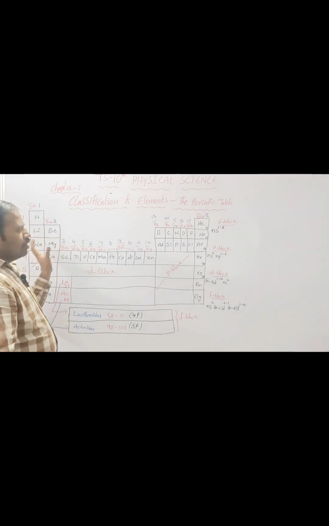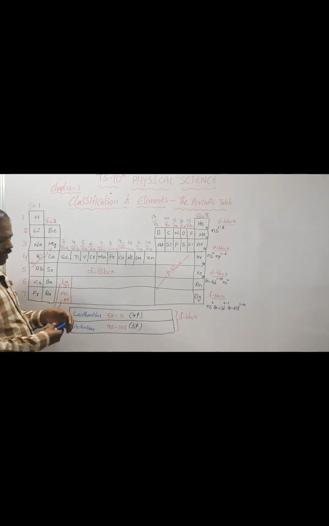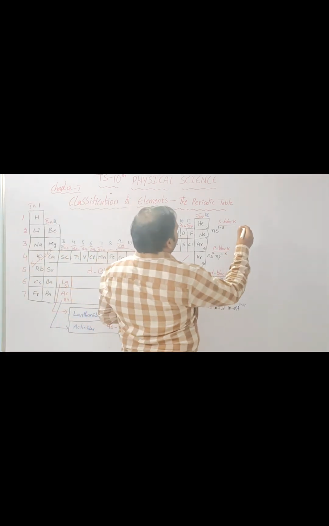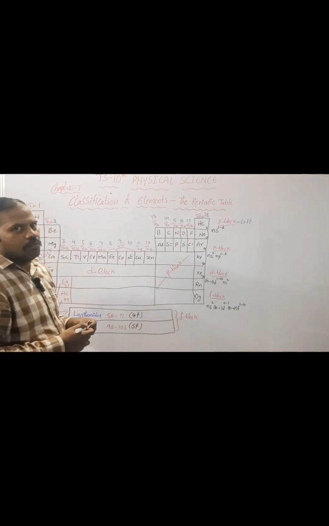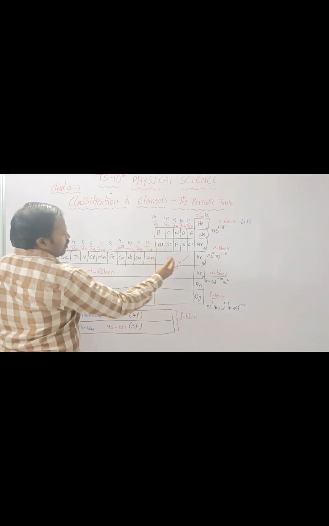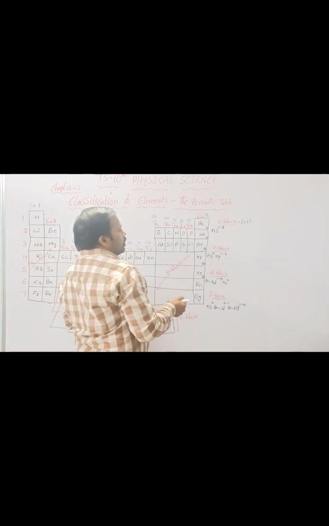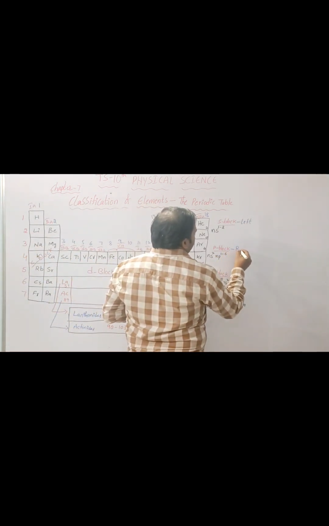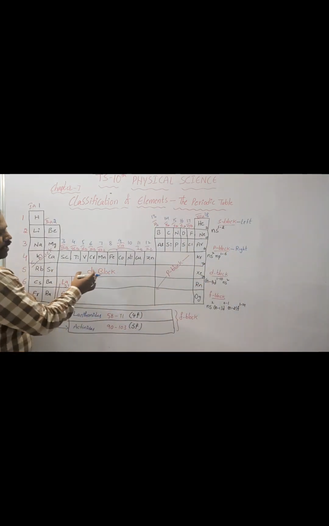So where is the location of these blocks? The S block will be present on the left side of the periodic table. Next, where is the location of the P block? The P block will be present on the right side of the periodic table. So where are the D block elements?